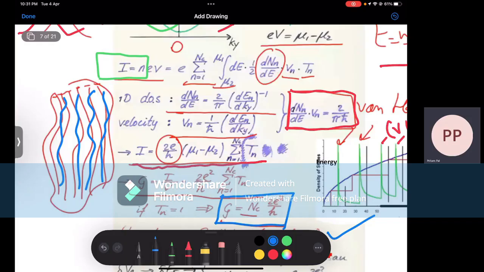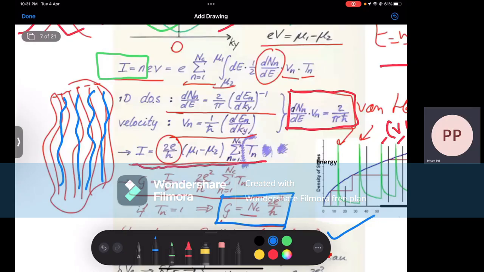So this is a very useful formalism, not just as a computational tool, which is nice for those who want to do the calculation, but also at the conceptual level, for you to hold this picture in your head so that you can think about the conductance in this quantum way.